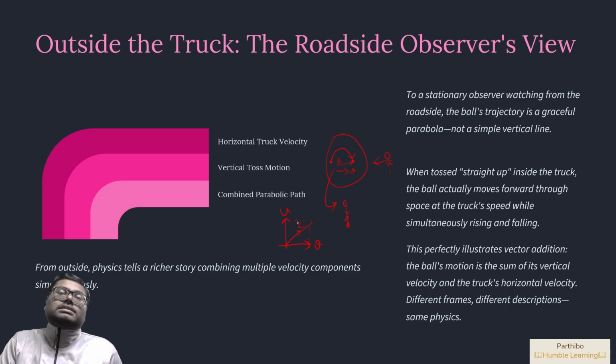Let us say this is a vector C, and C equals V plus U. Due to this, the person watching from outside sees a parabolic path due to the influence of these two velocities. On the other hand, the person inside the truck only observes this velocity, because for him the other is zero, because he is never able to observe that velocity.